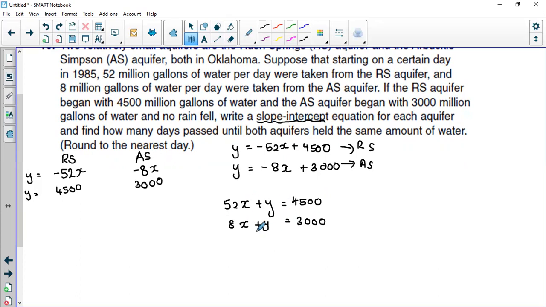We cannot simplify this unless one of these values is negative. So to make it negative, it would be easier if I multiply the whole equation with a negative 1.